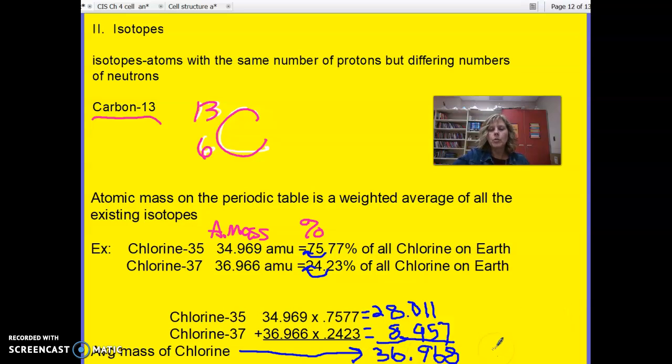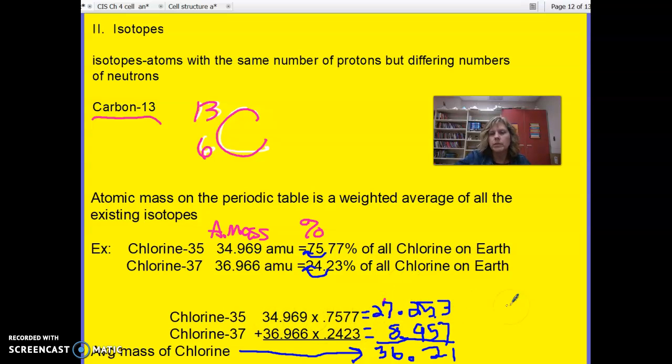But here's what I can do with this number after I calculate this. I need to make sure, does that seem logical? If this is a weighted average between these two numbers, this number should be somewhere between these two numbers. Okay, never mind. I found an error. I had multiplied wrong here.